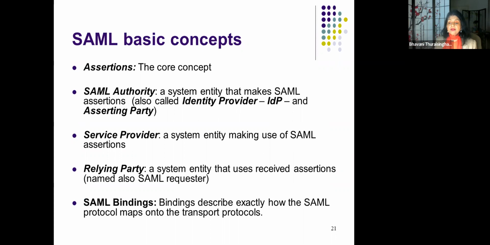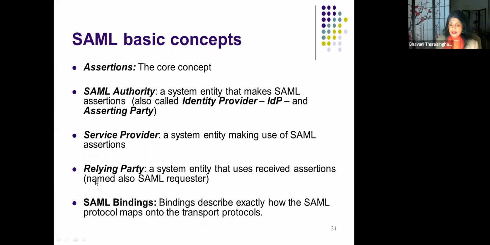Service provider, a system entity making use of SAML assertions. Then there's a relying party, a system entity that uses received assertions, also named SAML requester. And then you have to make the bindings. Bindings describe exactly how the SAML protocol maps onto the lower transport protocols. They're going to bind. So that's more of the implementation details.